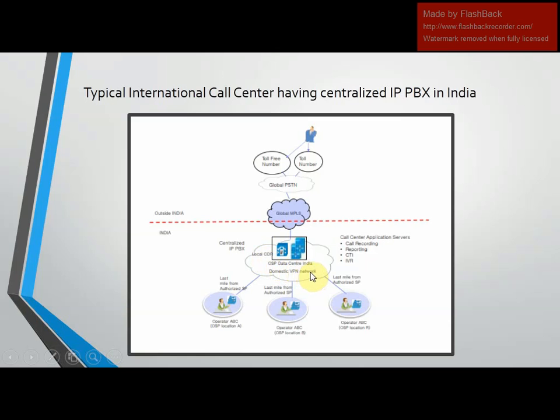Then you have the call center application servers, for example call recording, reporting, CTI, and IVR.